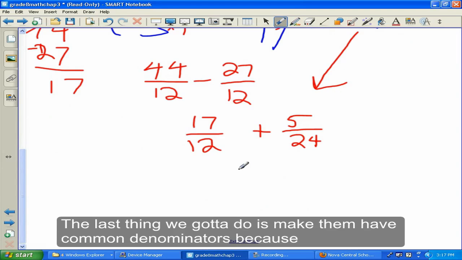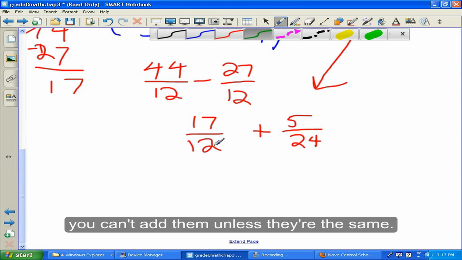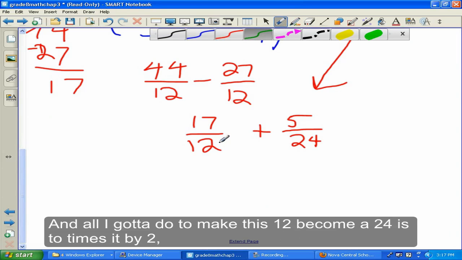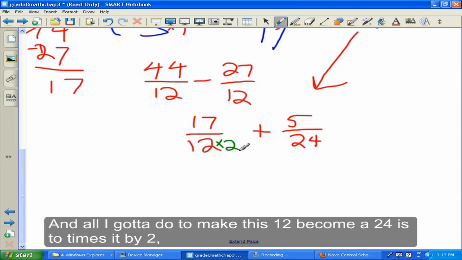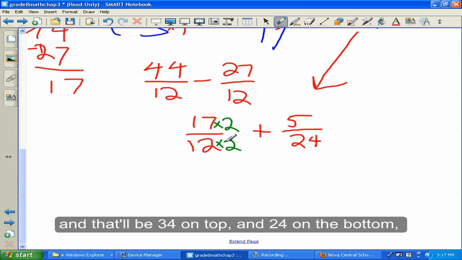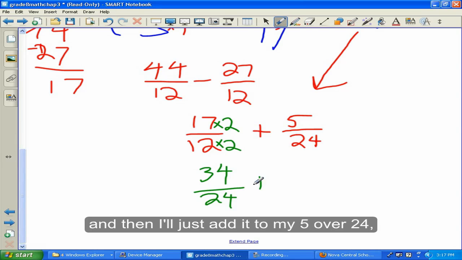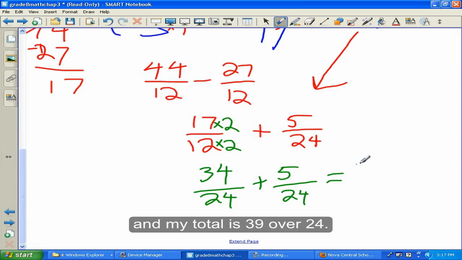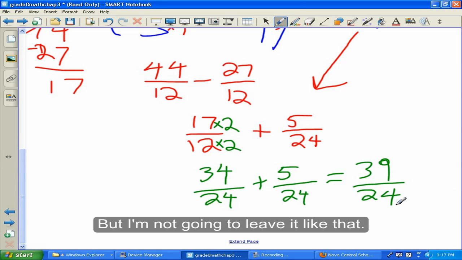The last thing we got to do is make them have common denominators, because you can't add them unless they're the same. And all I got to do to make this 12 become a 24 is to times it by 2, and that'll be 34 on top and 24 on the bottom, and then I'll just add it to my 5 over 24, and my total is 39 over 24, but I'm not going to leave it like that.